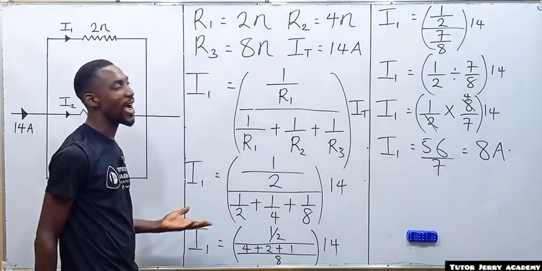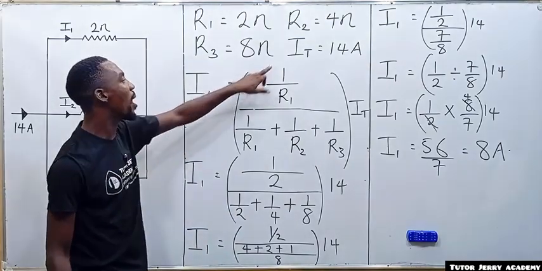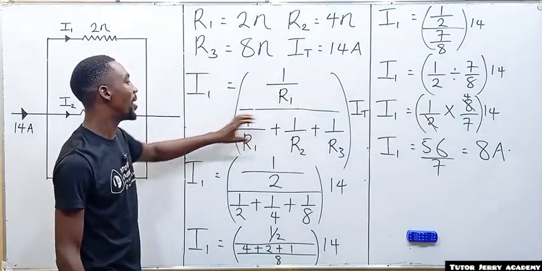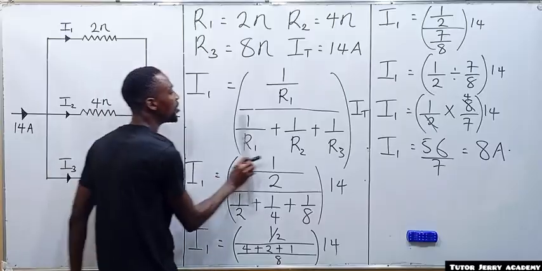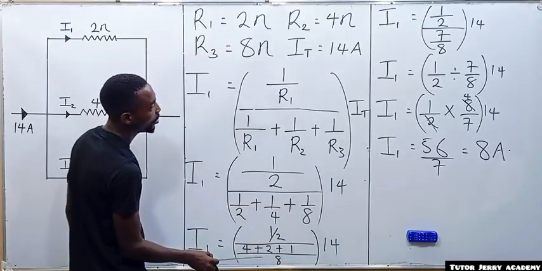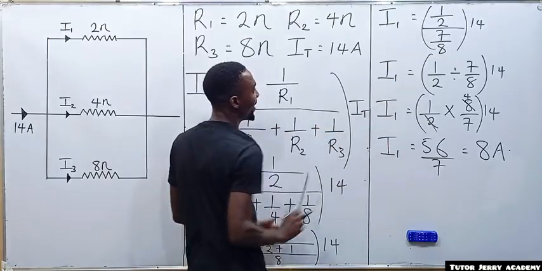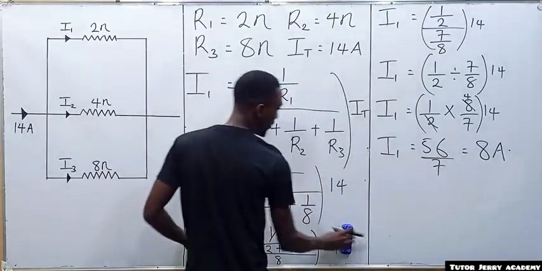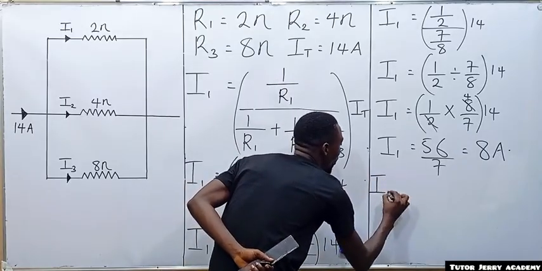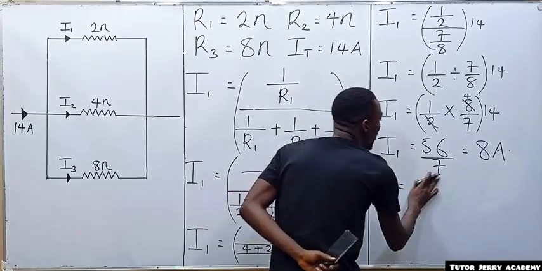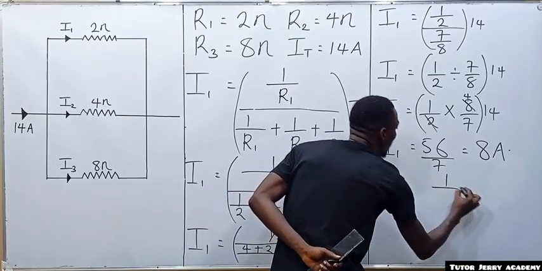So how do we solve for I2? I2 will be equal to 1 all over R2 all over the summation of everything that we have here. And we have resolved the summation of everything that we have here to be 7 over 8, right? So I2 will be equal to 1 all over R2.